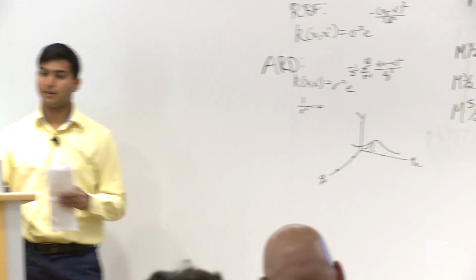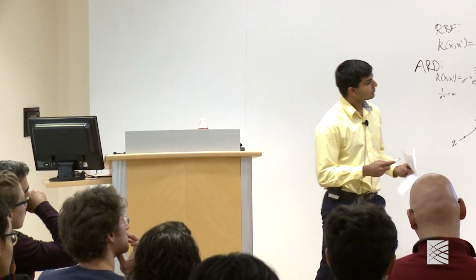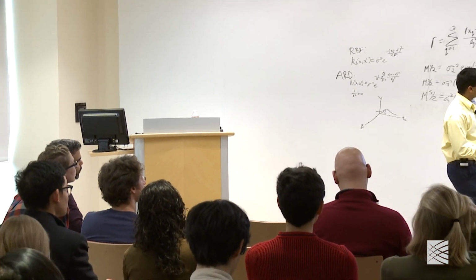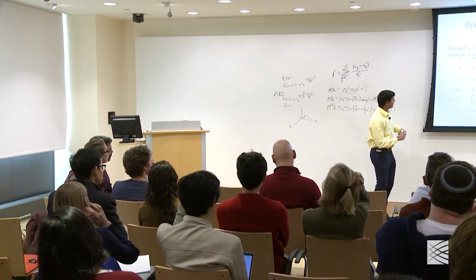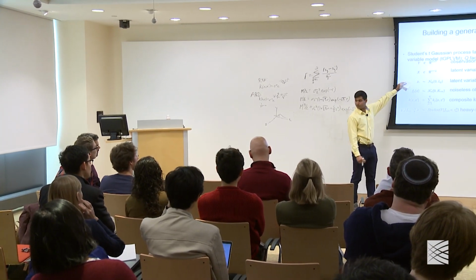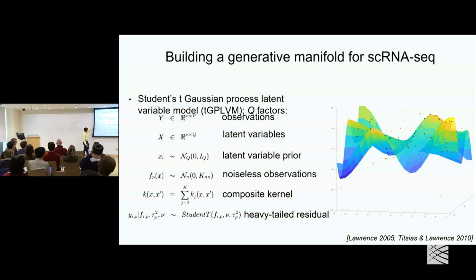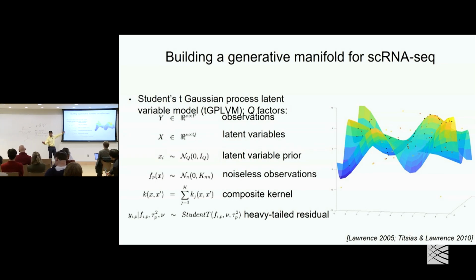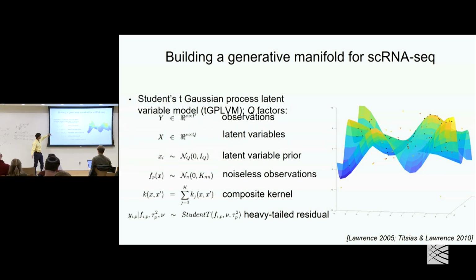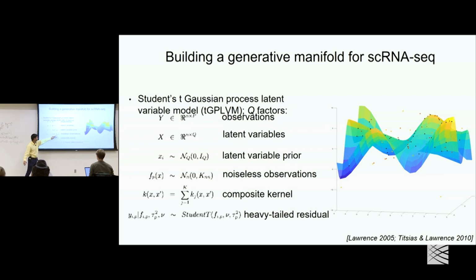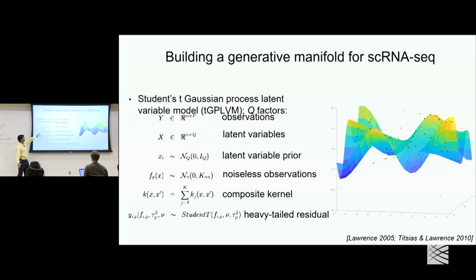So, the notation y, where does x fit in there? x is our latent variable, right? We have some noiseless, pure observations in high-dimensional space F that are a Gaussian process with mean 0 and covariance K, the kernel between all the x points.